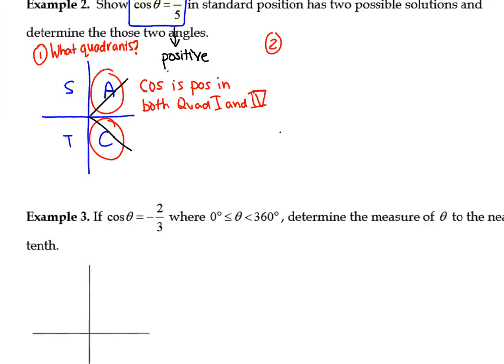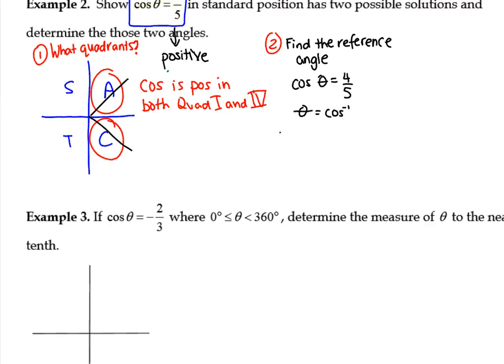So we want to find the reference angle. How do I do that? Well, how do we find an angle back in Math 10C when you had the ratio? Inverse, yeah, we use the inverse button.